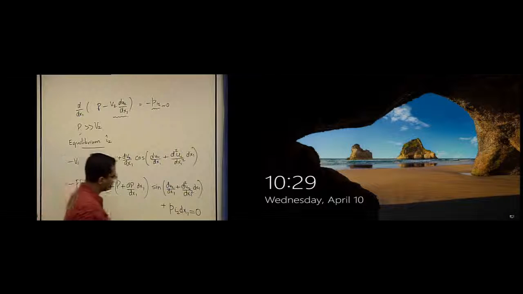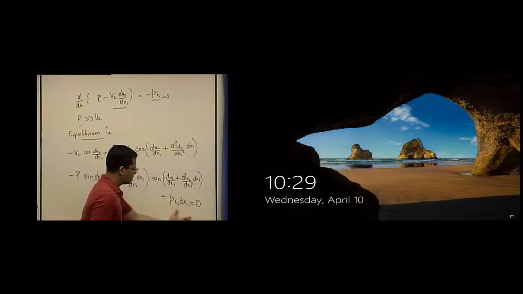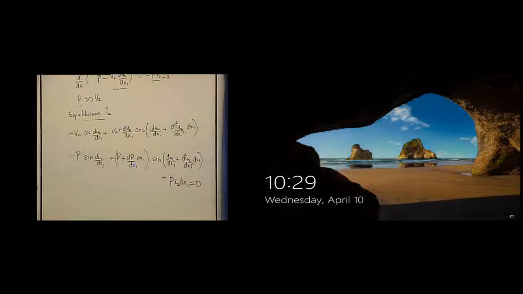So component of small p along I2 dx1 is equal to 0, right?